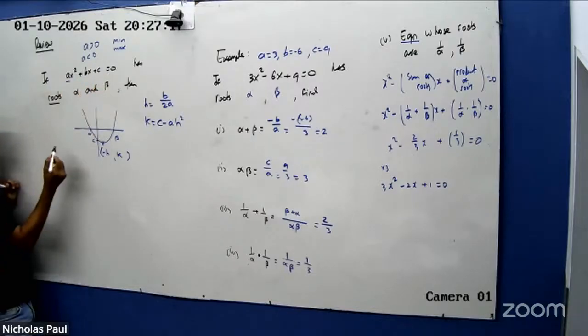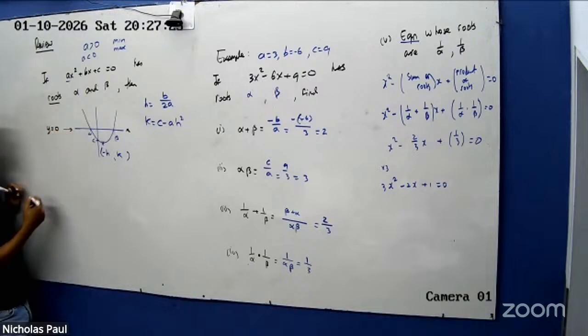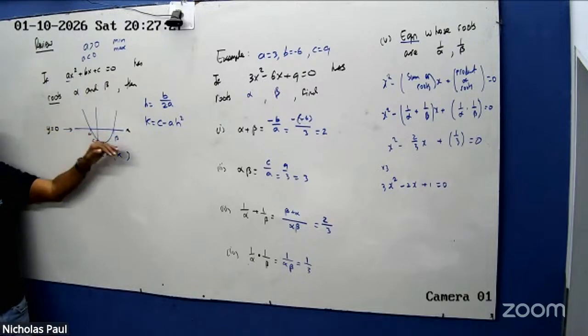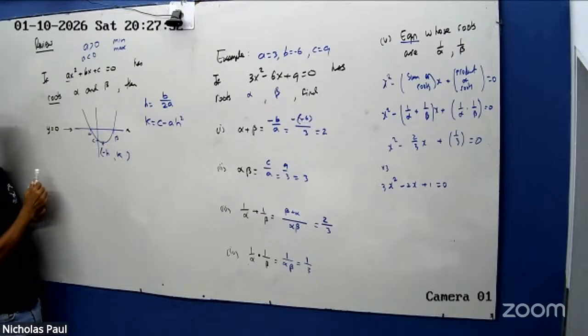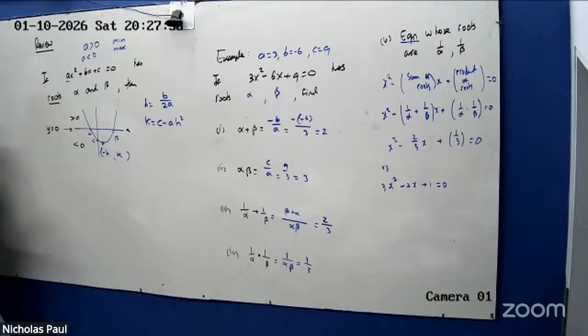And you may or may not remember that this line here, the x-axis, is y equals 0. Everything above the line is more than 0. Everything below the line is less than 0. That's okay?